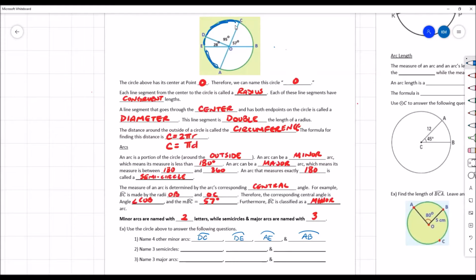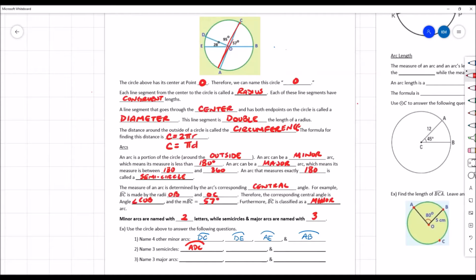It says name 3 semicircles. A semicircle is going to be 180 degrees. Basically, if we have a diameter, we should be able to name a semicircle using that diameter. Remember that as we go past a minor arc, we do need to use 3 letters. I have this diameter AC, so arc ADC.